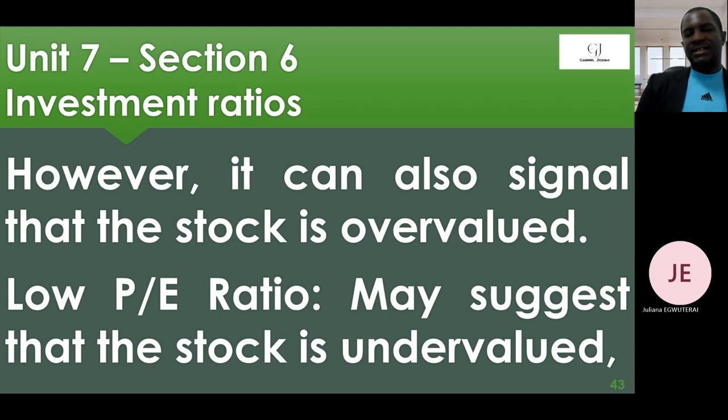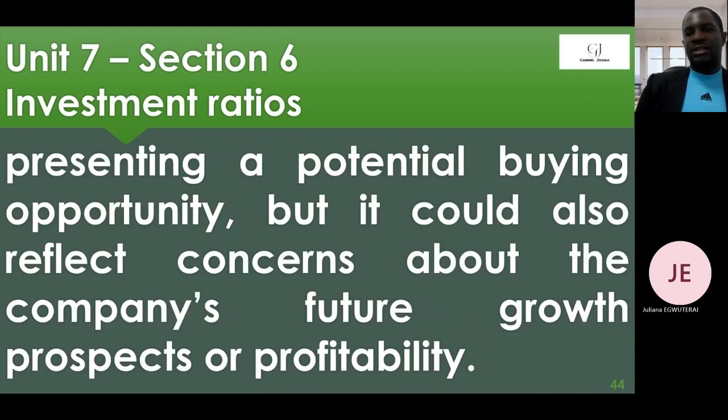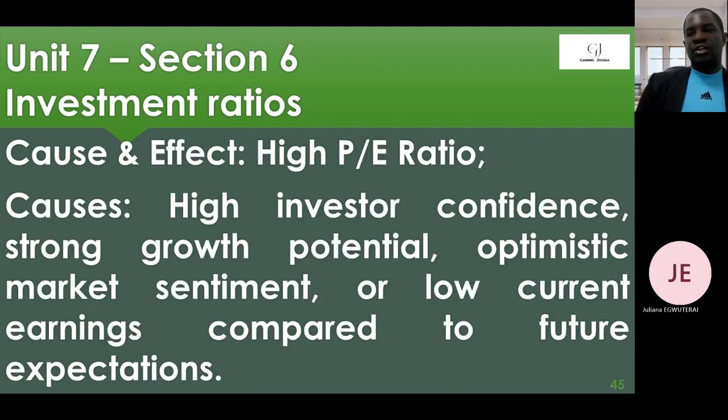However, it can also signal that the stock is overvalued. Yes. So future growth prospect and overvaluation could be the cause of a high PE ratio, while a lower PE ratio is undervaluation and also slow growth prospects or potential buying opportunity, and also concerns about the company's profitability and its future growth prospect could be the reasons for a low PE ratio.